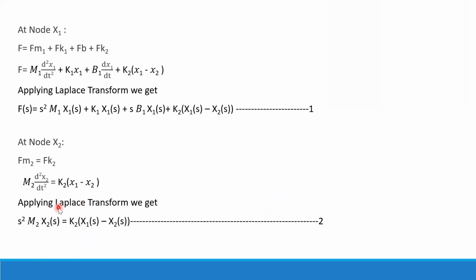So the equation is like this: m2 d2x2 by dt square is equal to k2 into x1 minus x2, and if you apply Laplace you get this specific equation, that is s square m2 x2(s) is equal to k2 times x1(s) minus x2(s). So this is about the equations. We have got the force equations.